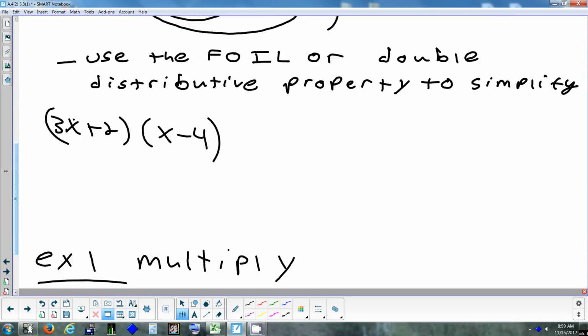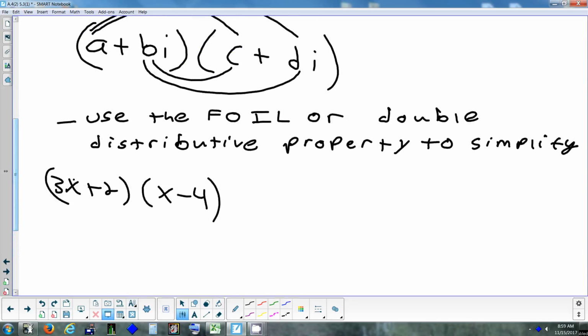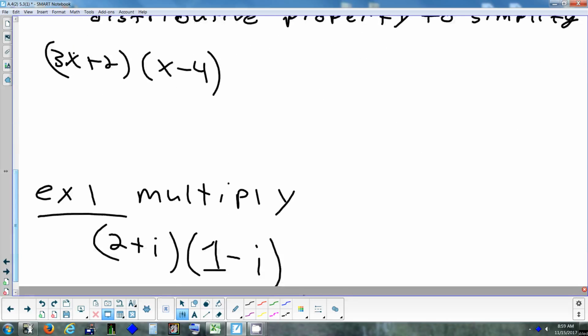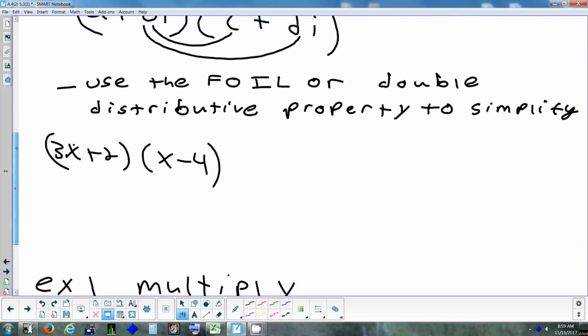Okay, let's look at an example. Let's multiply 2 plus i times 1 minus i. Does everybody have what's up above? Anybody need your copy?